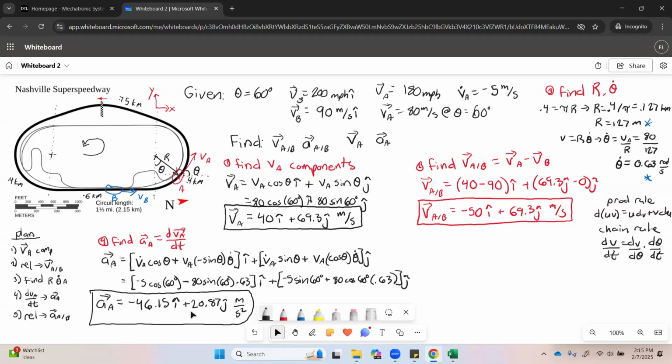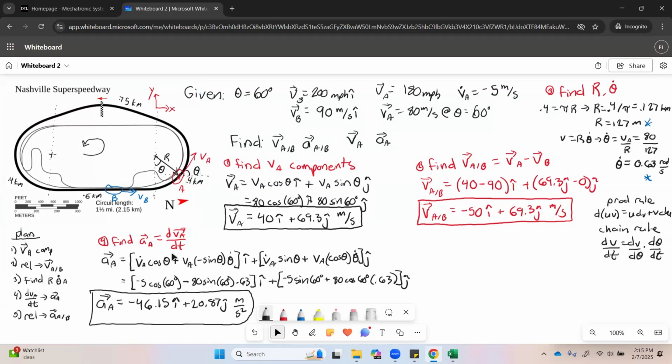And then positive acceleration in the j, that is really a little bit harder to judge because we have this centripetal acceleration that's pulling it into the curve. There's a component of that centripetal acceleration going here towards the center. So that would be positive in the y. But it's slowing down, so that would be a negative in the y. So one's positive, one's negative.